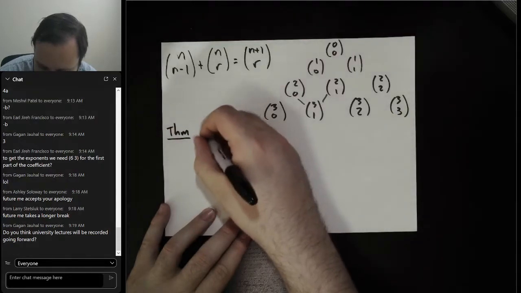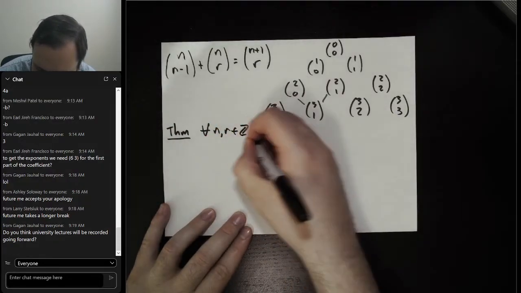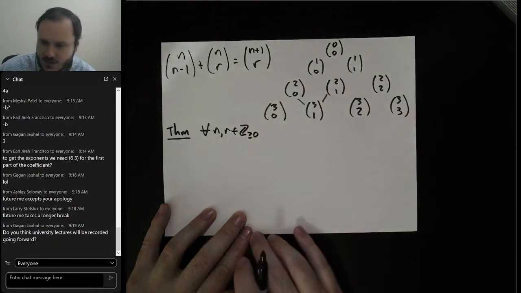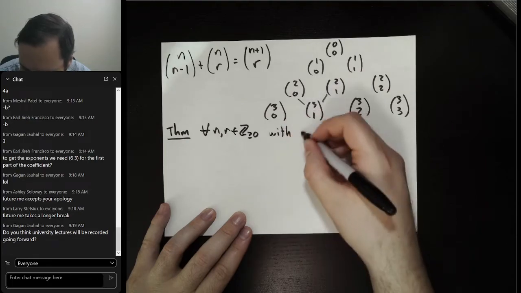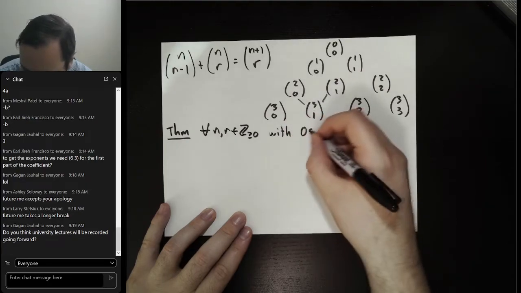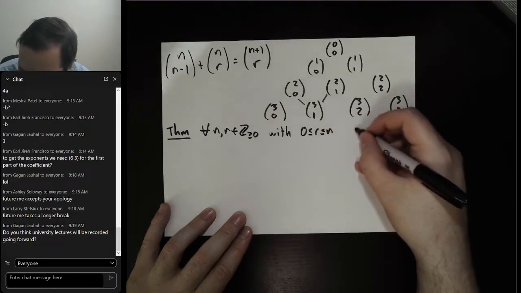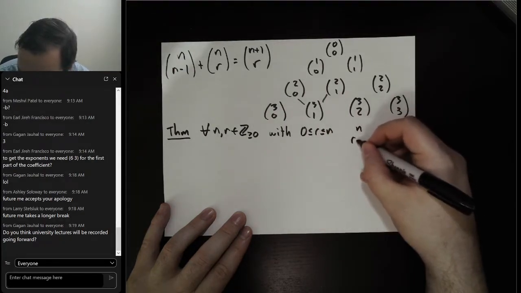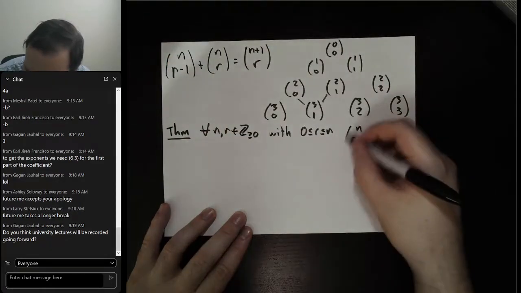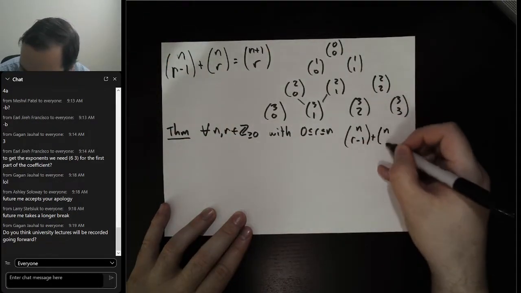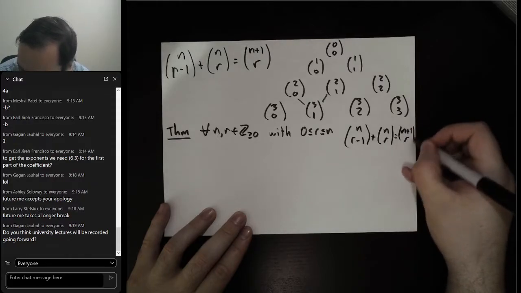Theorem: for all n and r in, this time I'll be more precise, the non-negative integers with 0 less than or equal to r less than or equal to n, n choose r minus 1 plus n choose r is equal to n plus 1 choose r.